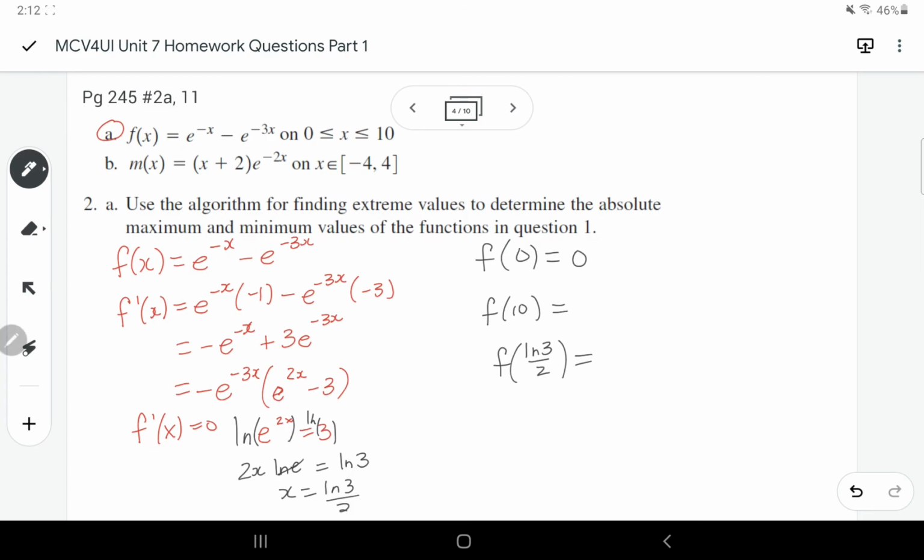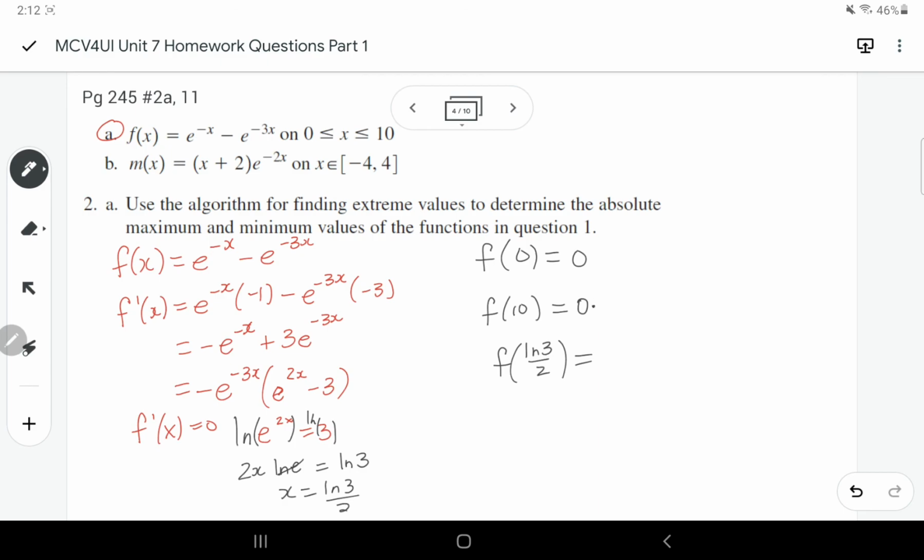So f at 0 is going to be 0. F at 10, on your calculator, make sure you know how to use your e to the x button. So that would be e to the negative 10 minus e to the exponent negative 30.